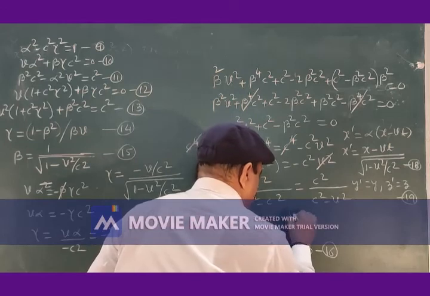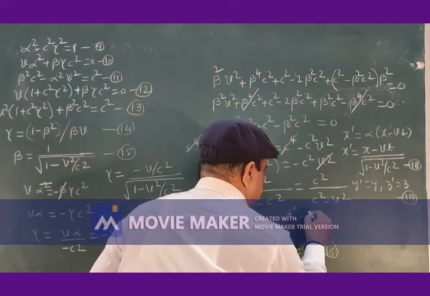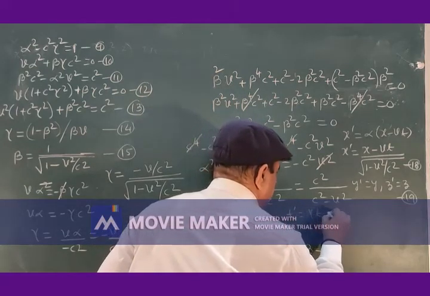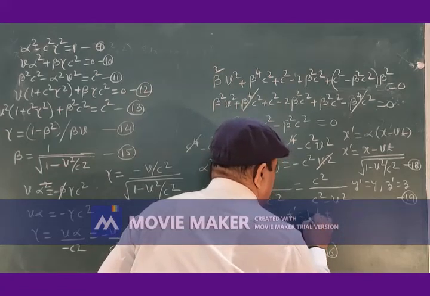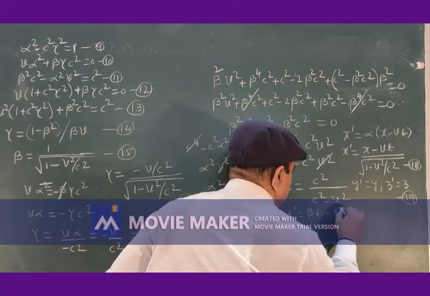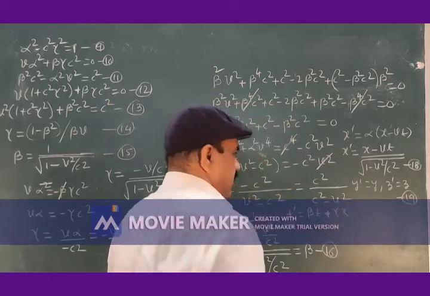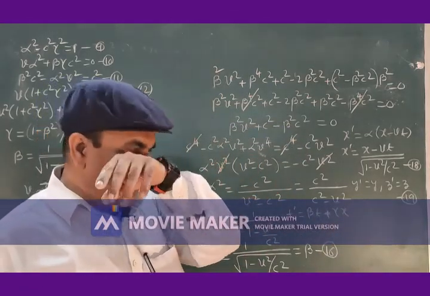What is the equation we wrote for the time coordinate? t dash is equal to beta t plus gamma x. Remember, we wrote this equation already.